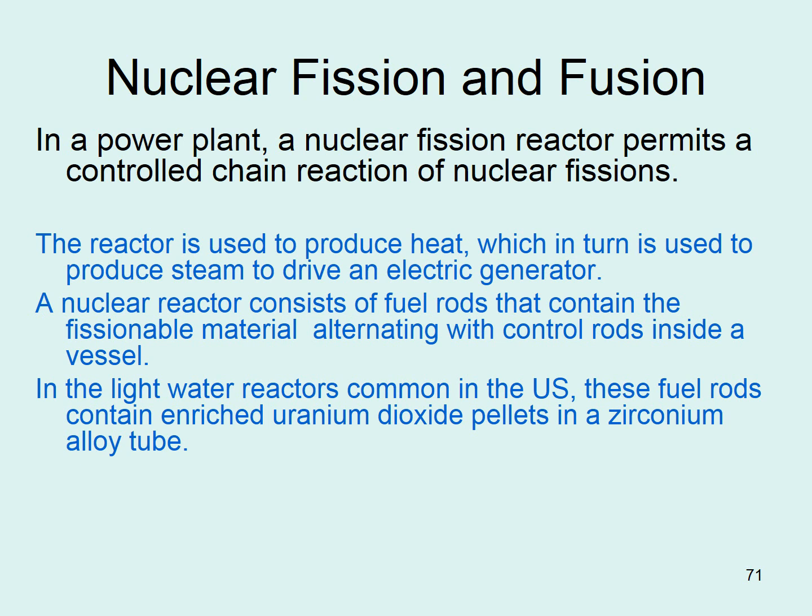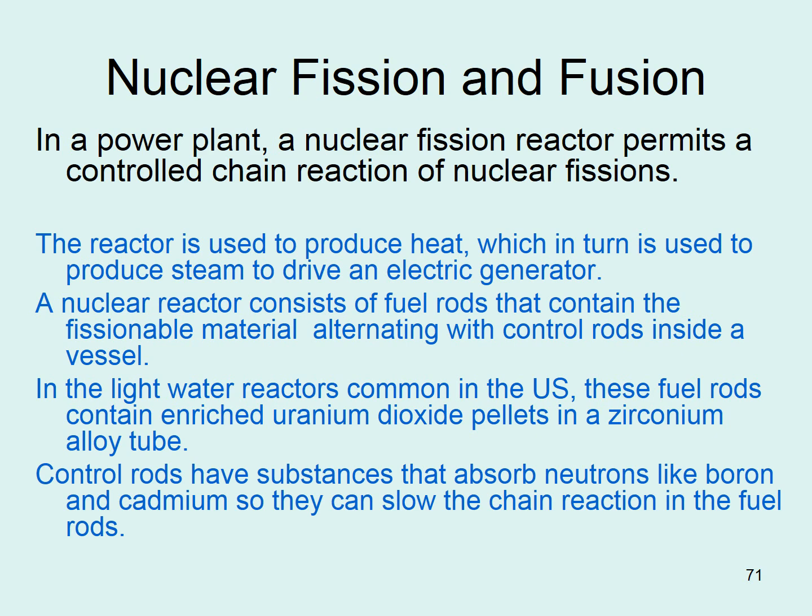If you're able to centrifuge it and collect the different portions that weigh different amounts, you can grab a bigger percentage that weighs 235, which is the main uranium used. Anyway, there's uranium dioxide pellets in a zirconium tube. And then the control rods have other substances that absorb neutrons easily, such as boron and cadmium. And so they can slow the chain reaction if needed.